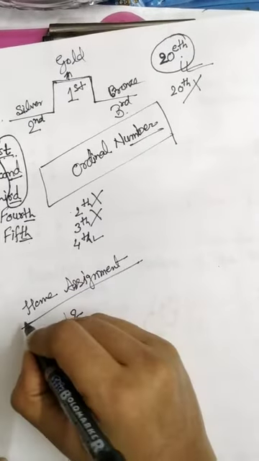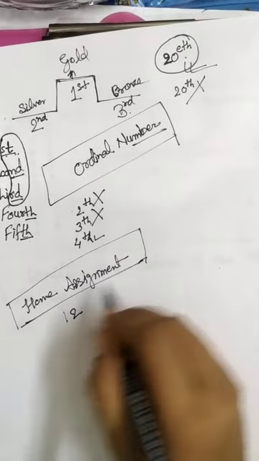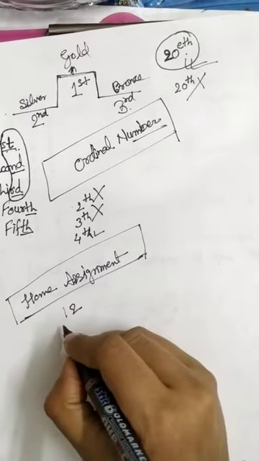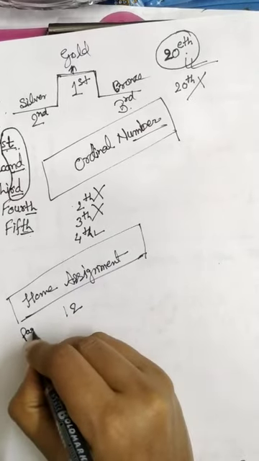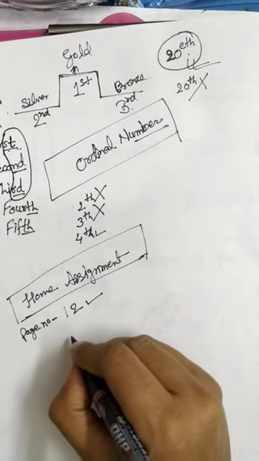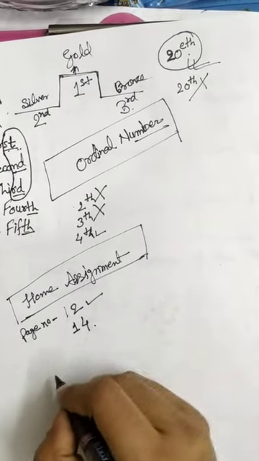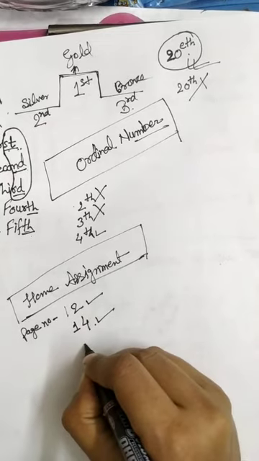I have explained you on the sheet. In your book it is already given. I hope you all have purchased books. So in your book, page number 12, page number 14 and 25.